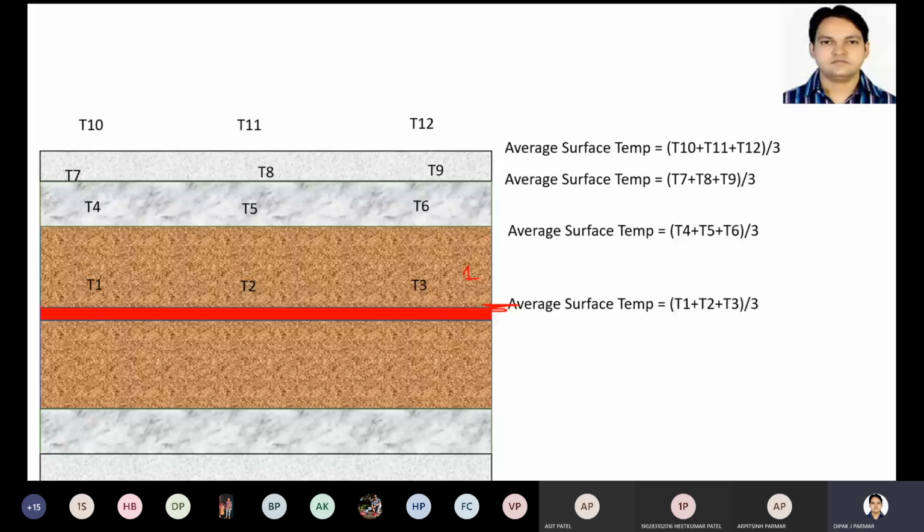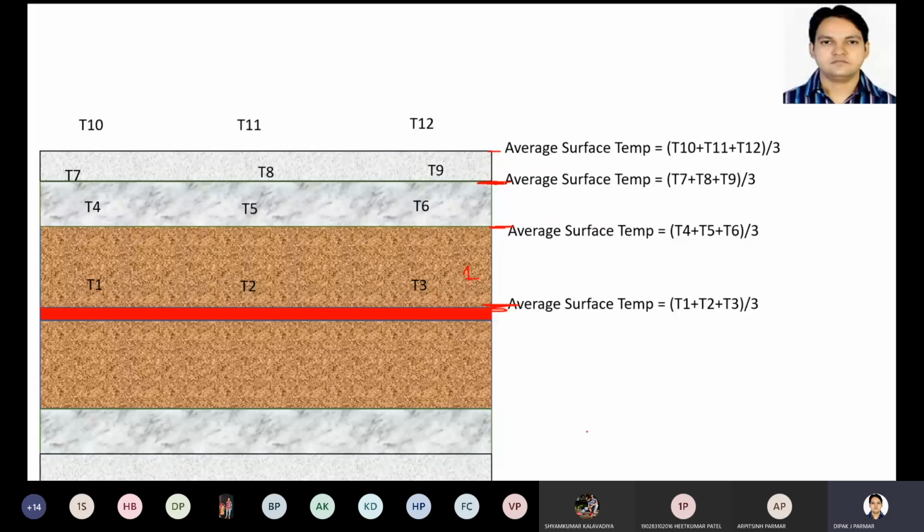Same way, this surface temperature will be the average (T4 + T5 + T6)/3. Same way, the surface temperature of this is (T7 + T8 + T9)/3, and here it will be (T10 + T11 + T12)/3. So this will be the surface temperature.